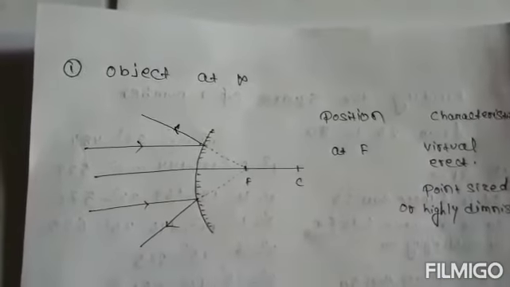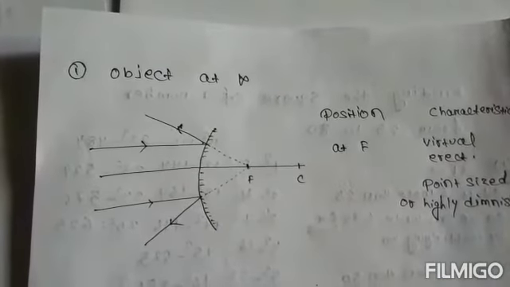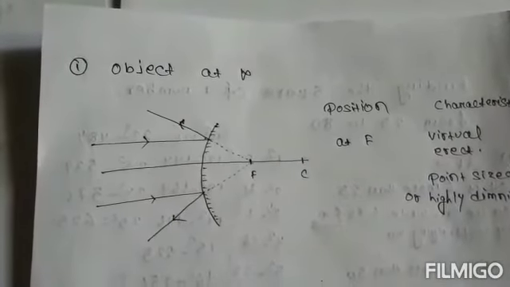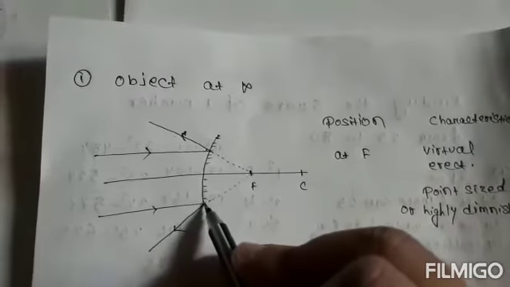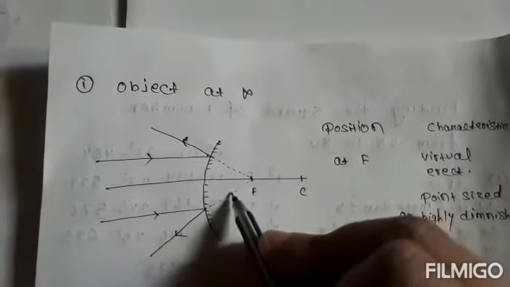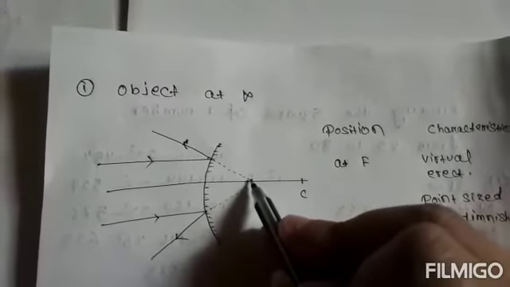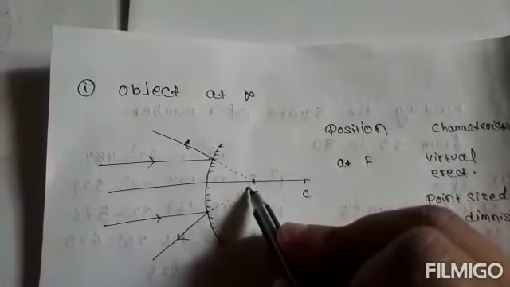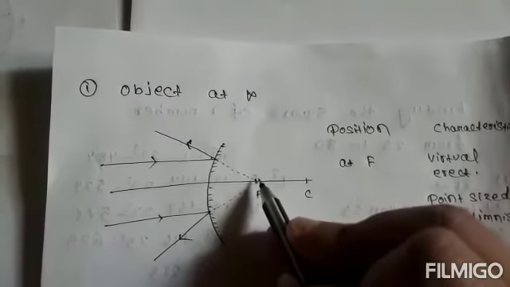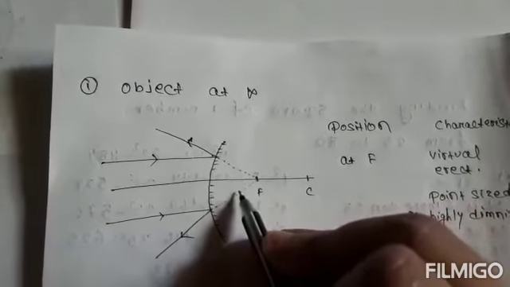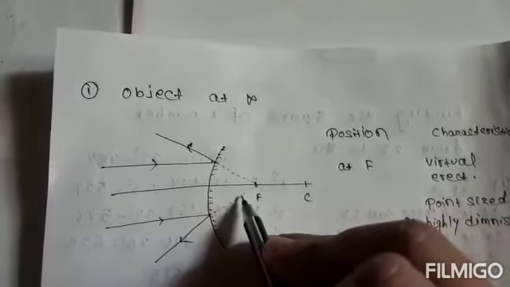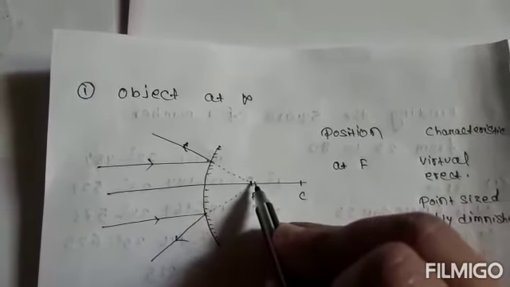We all know that when two reflected rays meet with each other, at that point image is formed. Here if we extend the reflected rays behind the mirror, then image is formed at the focus. So this image is formed due to imaginary meeting of reflected rays, so this image is called virtual image.